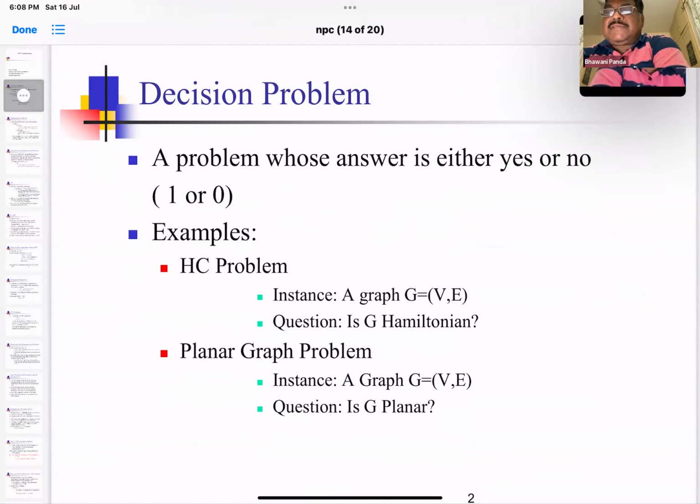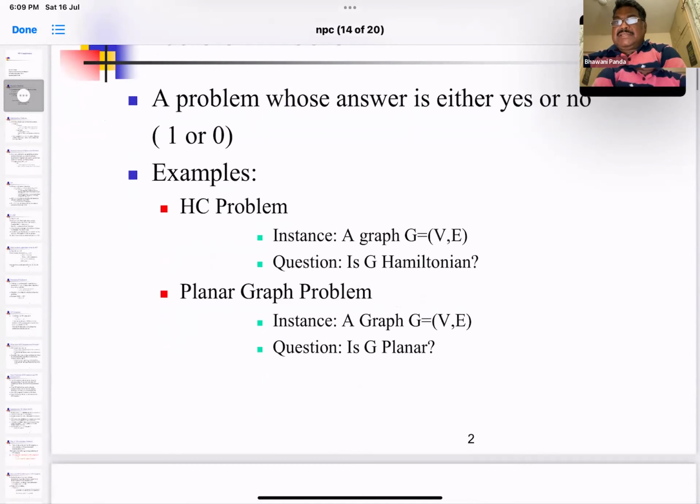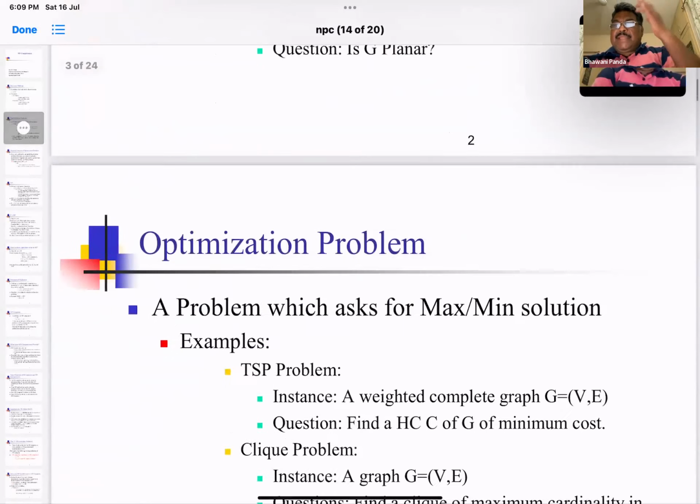For example, the Hamilton cycle problem we have already seen. The problem is specified in this format: the instance, that is the input, a graph is given, and you ask a question. The answer to this question will be either yes or no. So the Hamilton cycle problem is a decision problem.